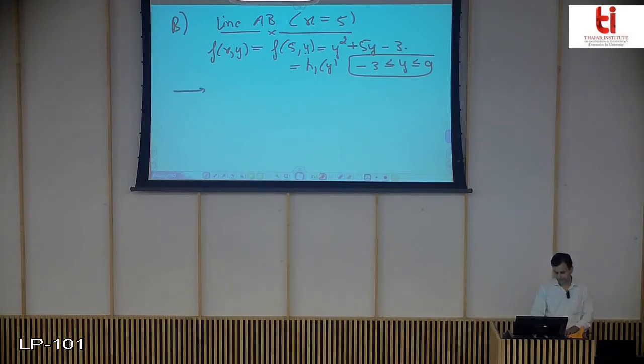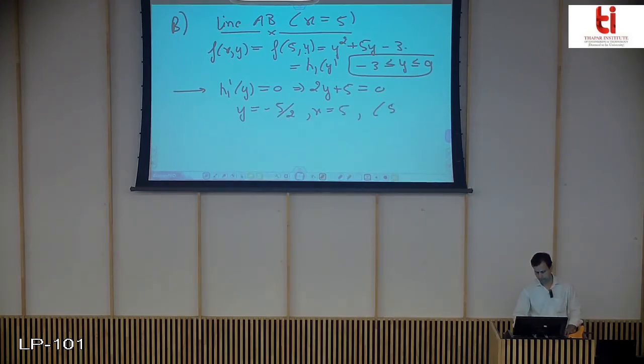Now h1'(y) equals 0 implies 2y plus 5 equals 0, which implies y equals minus 5 by 2, so that x equals 5, and you get the point (5, -5/2). This is one of the points where you can have maximum or minimum, and the other points are the endpoints. Now I am not writing the theory, I am doing it straightforward.